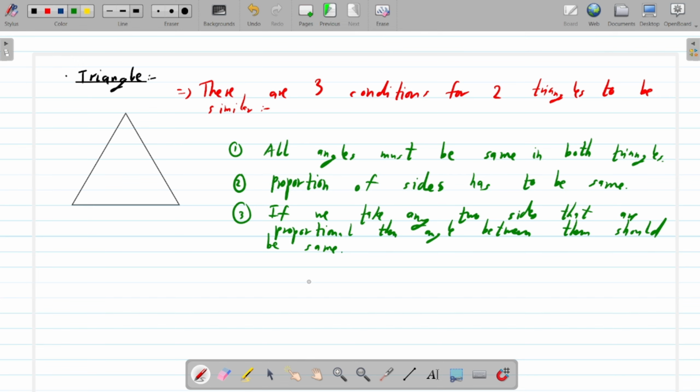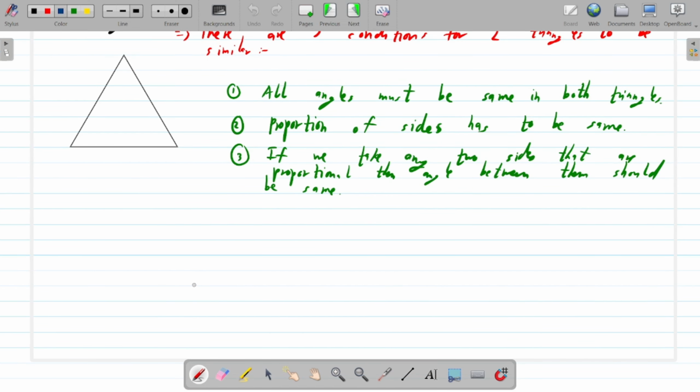Let's understand it from an example. One thing to keep in mind here is that it is not necessary that all of these have to be true.